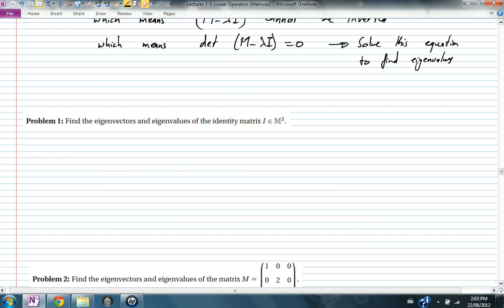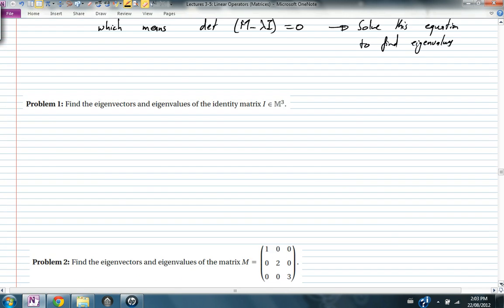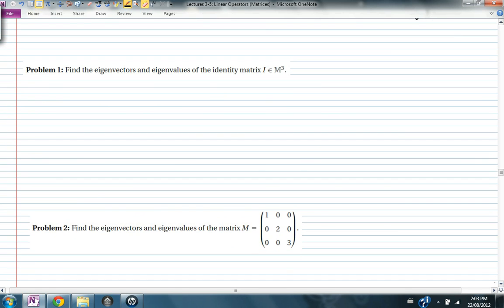So we're going to go now through two examples to maybe strengthen our understanding of the eigenvalues and the eigenvectors. Let's first think, what are the eigenvalues and the eigenvectors of the identity matrix? Now let's see what I does. I is equal to 1, 0, 0. What does it do?